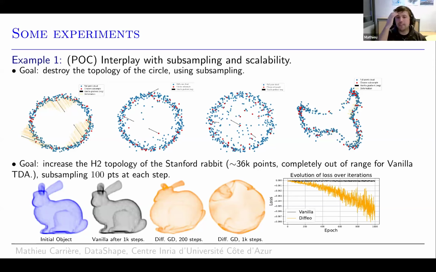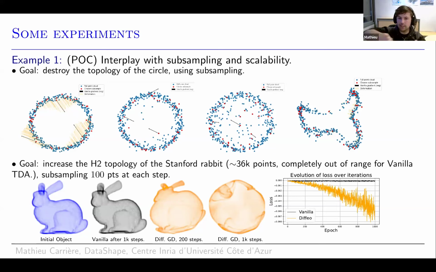Yes, I think that if I understand your question, that shouldn't be that much of a problem. Basically, my answer is if you have a well-defined loss applied on the persistence diagram, like for instance, as you said, optimize the points that are far away, the points that are close to the diagonal, and maybe don't touch the ones in between, as long as you can easily compute the gradient of that loss with respect to the persistence diagram points, then you're good to go, because this part of the work is mostly how to get from a persistence diagram update to a smooth point cloud update.